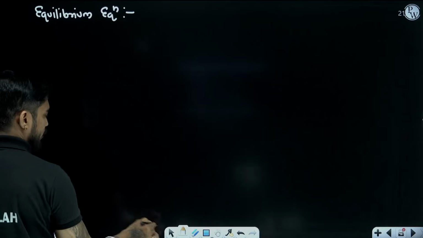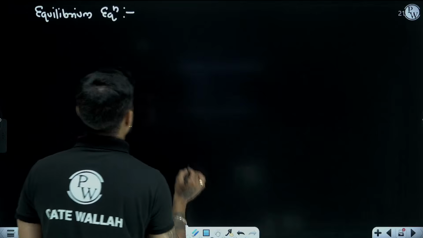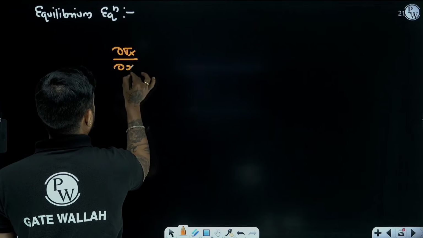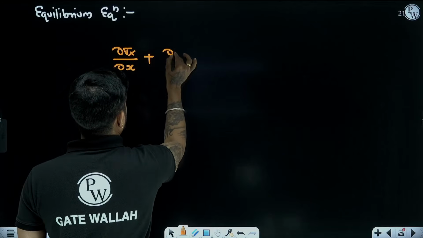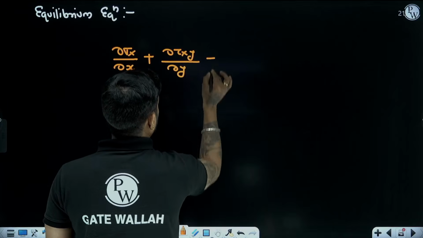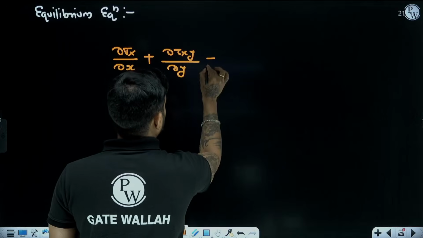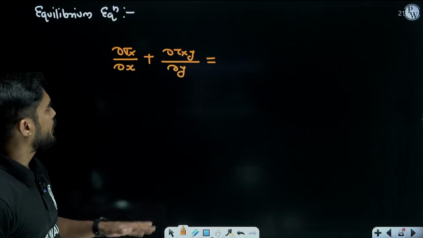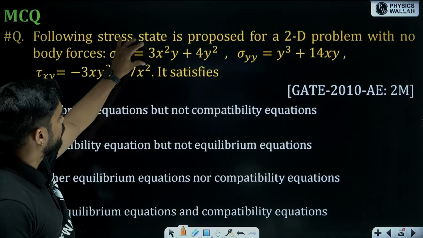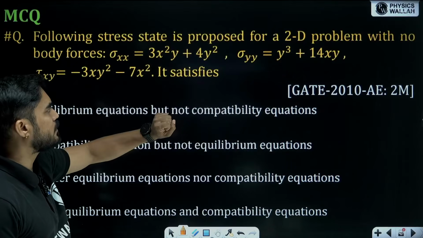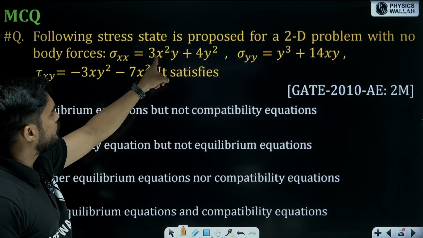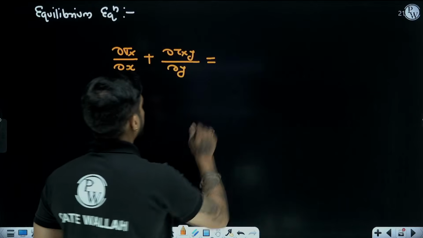So what is the equilibrium equation? The first equilibrium equation is dou sigma x by dou x plus dou tau xy by dou y equal to 0, right? So put the value here, dou sigma x by dou x. If you differentiate it with respect to x one time, this will become 0 and this will become 6xy.